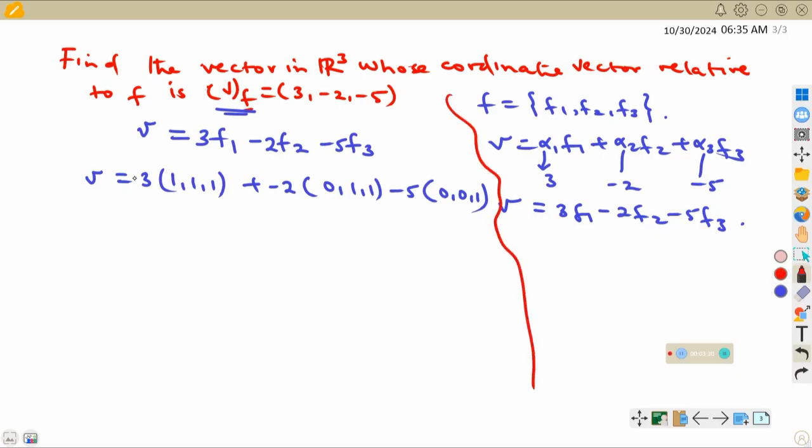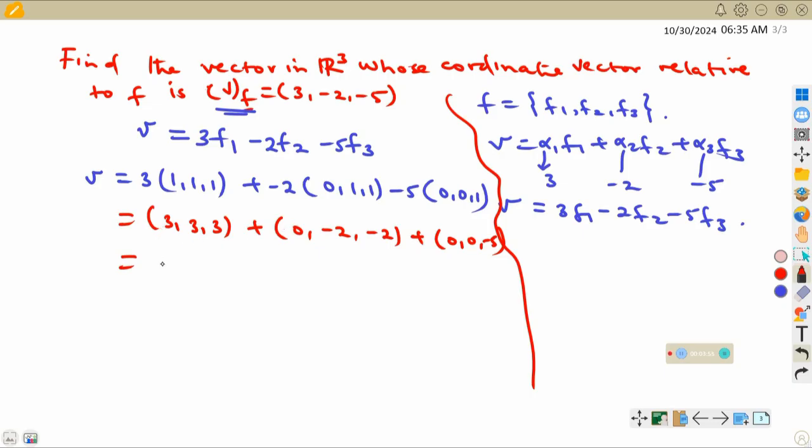So looking at this, we simplify. This will be (3, 3, 3), plus (0, -2, -2), plus (0, 0, -5). Basically we add the corresponding components.